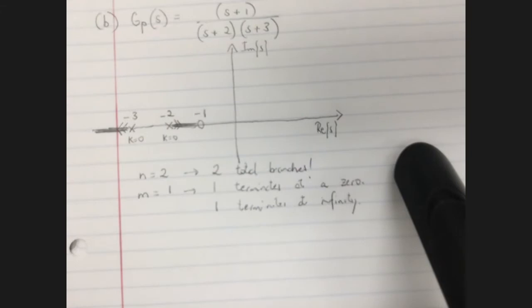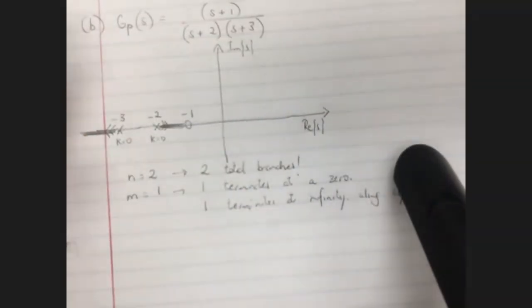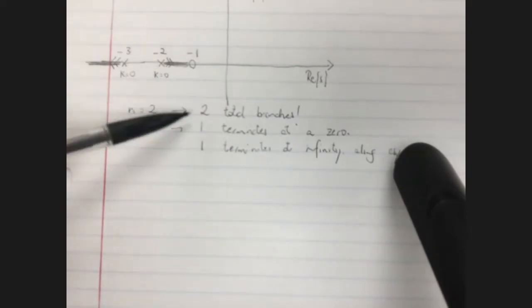And we know that, let's say, a long asymptote. So again, when we say at infinity, it could be way up here or down here or here or here or in any direction. So we're going to have one branch that terminates at a 0, and the other one is going to terminate at infinity. And notice that it's also kind of already done for us right here.